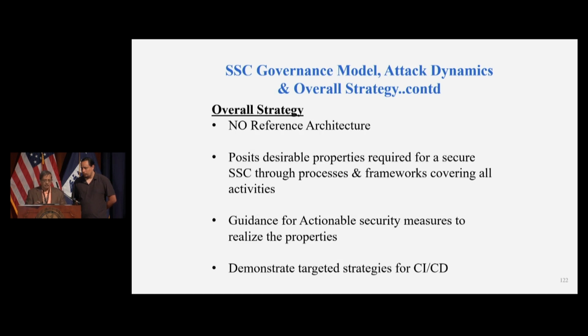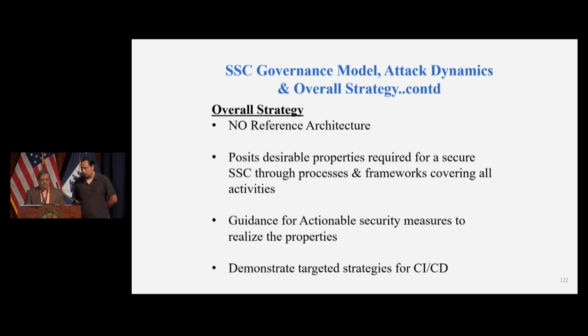With that background, we decided to produce a guidance document on software supply chain security. In software supply chain, we cannot produce a reference architecture like zero trust architecture, because everybody is guided by different policies and different methodologies are used for SDLC.